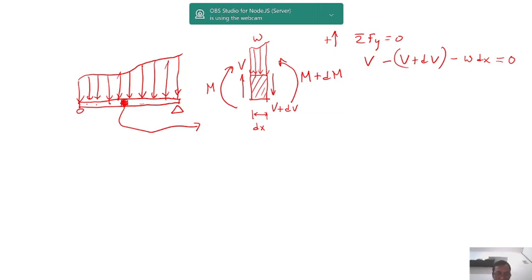I'm so sorry, it's quite hot here. Now let's continue. What we will have here is, the V will be gone, so what we will have is minus dV equal to W dx.